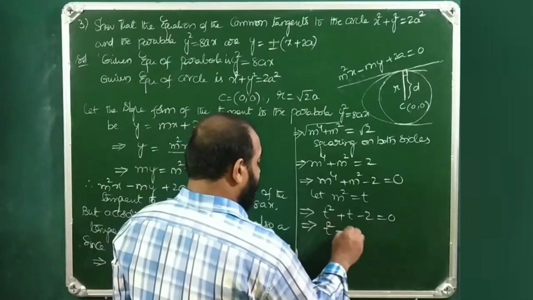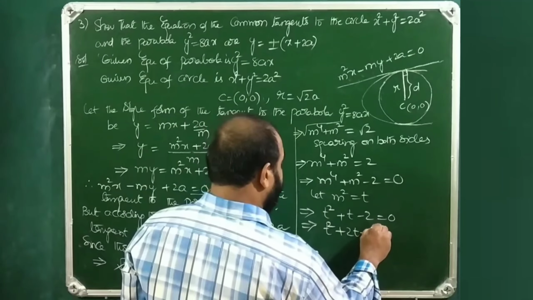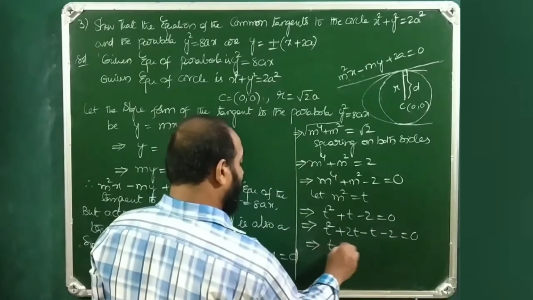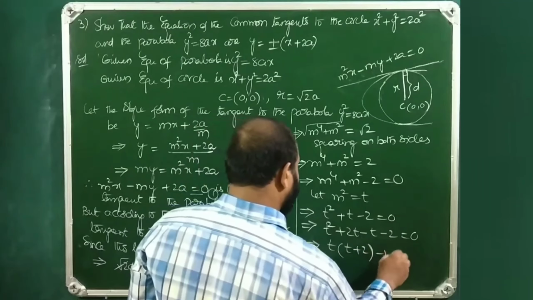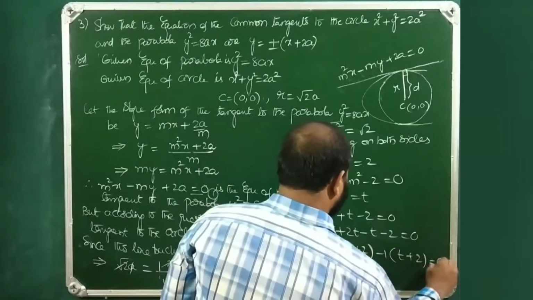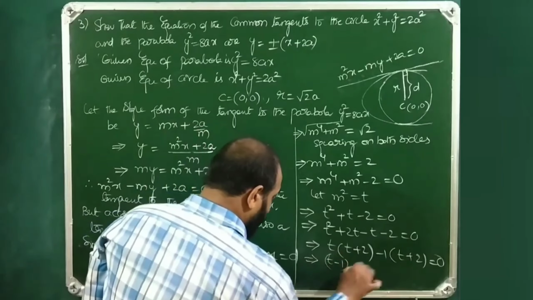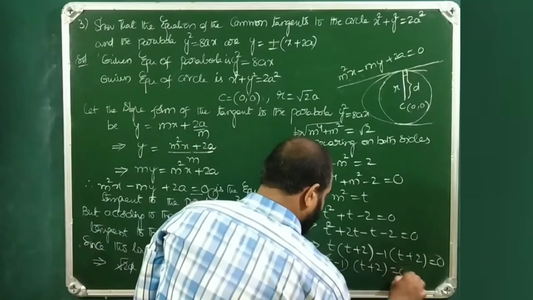So t square plus 2t minus t minus 2 equals 0. Take t in common: t into t plus 2 minus 1 into t plus 2 equals 0. So this is t minus 1 into t plus 2 equals 0.